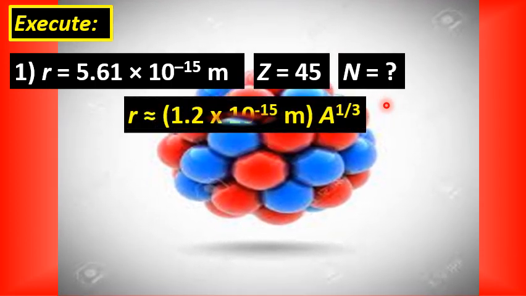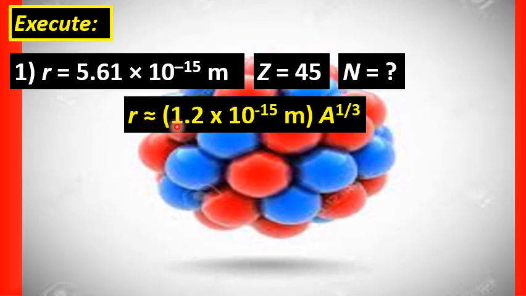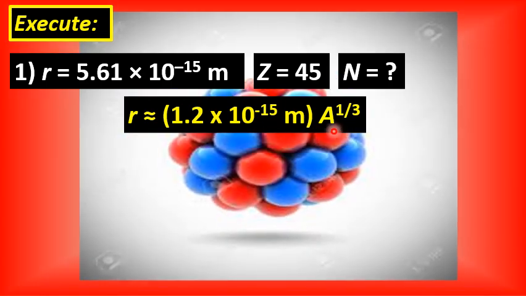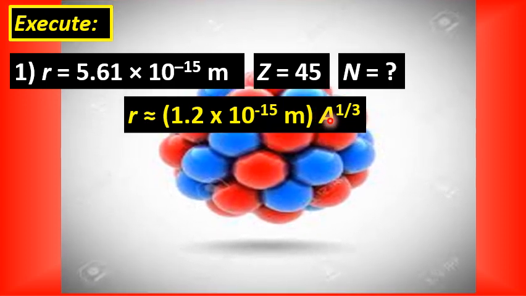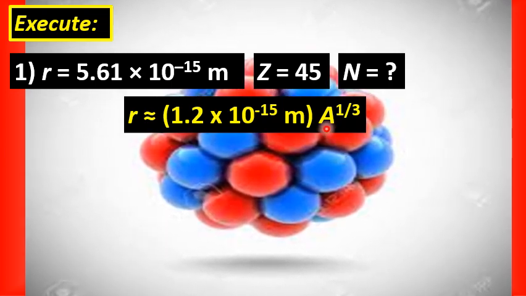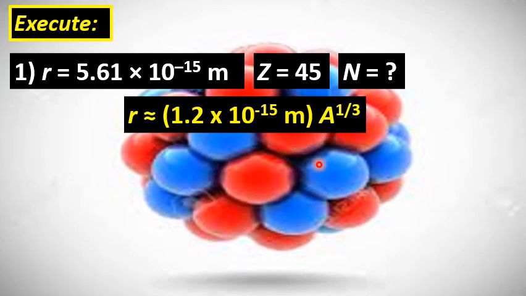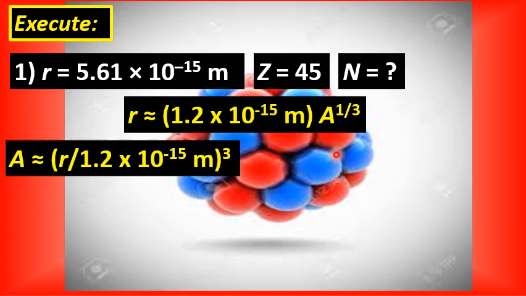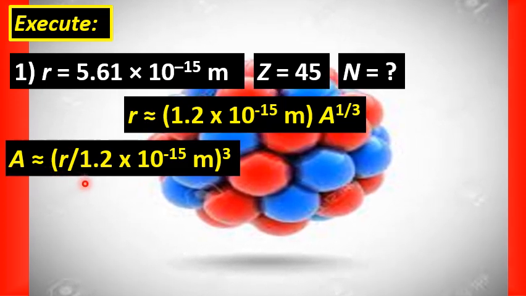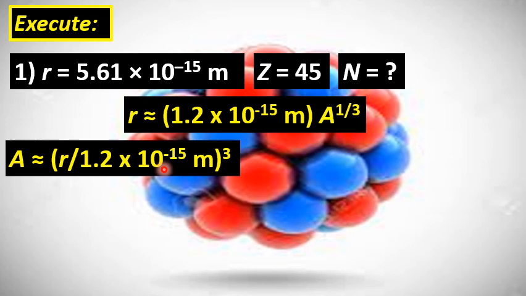And using the equation for determining the nuclear radius, small letter r, nearly equal to a constant 1.2 times 10 to the negative 15 meters, multiplied by the cube root of the mass number, capital A. And since we need this mass number, capital A, in order for us to determine the number of neutrons, there is a need for us to isolate capital A. So isolating capital A, we get this working equation, capital A nearly equal to the given nuclear radius, small r, divided by the constant 1.2 times 10 to the negative 15 meter.